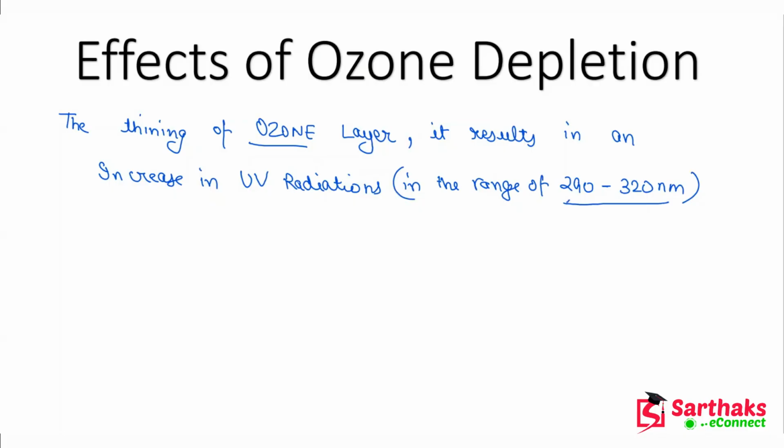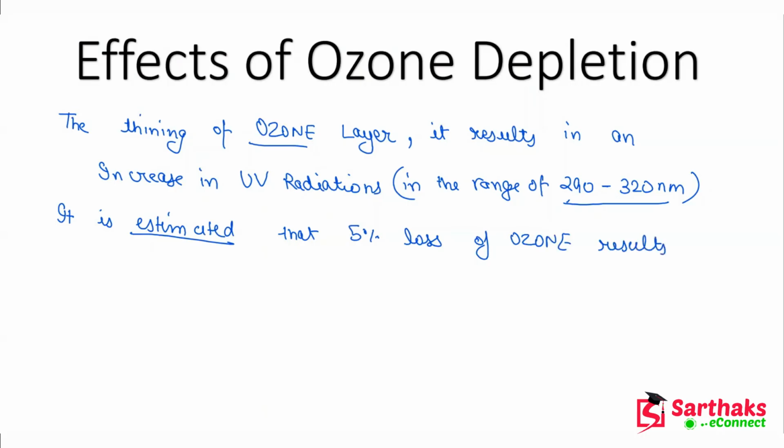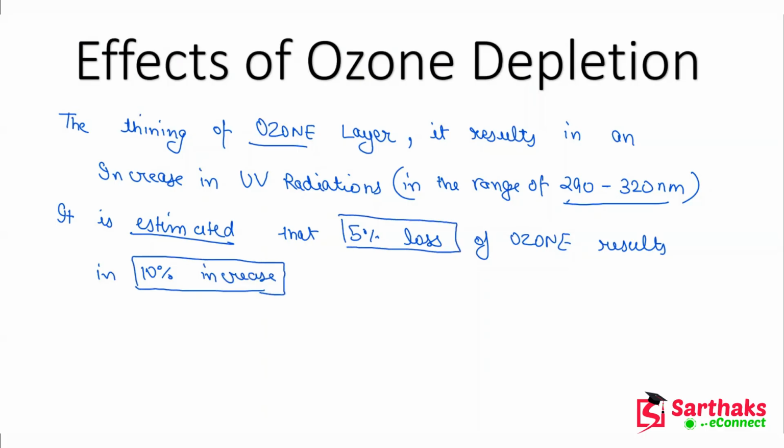It is estimated that a 5% loss of ozone results in a 10% increase of UV radiations.